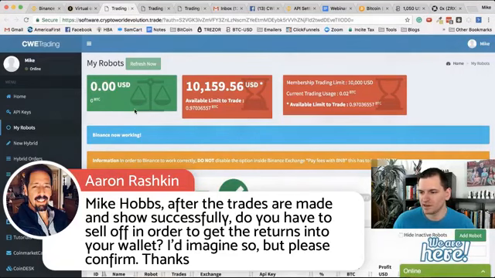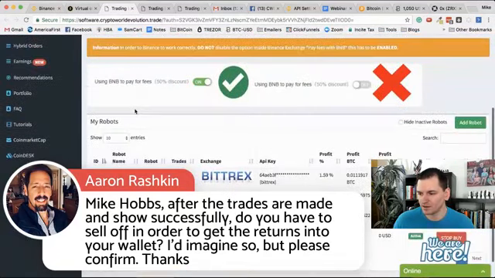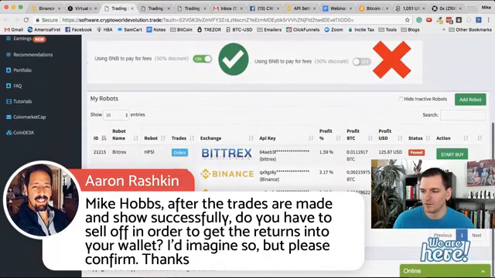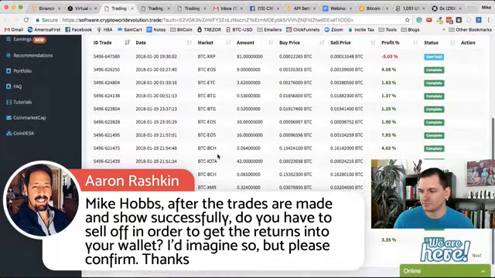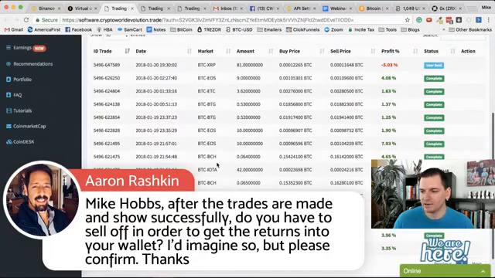So just so you guys kind of understand the process here. So the trades, so if I click here, these are the trades that happened. So what happened was this trade was executed for Bitcoin Cash at this price point right here, the buy price, and it's sold at this price right here.